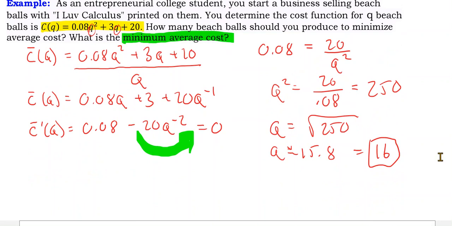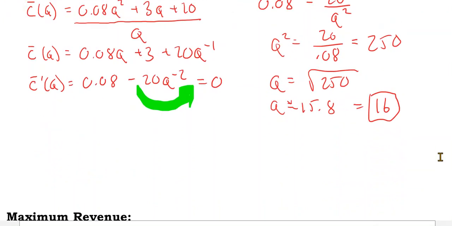Now, the last thing that we need to do is to determine if this truly is a minimum and not a maximum. We're looking for the minimum average cost. Remember that when we take a function, find its derivative and set it equal to 0, we are finding critical values. The critical values, or extrema, are either relative maxes or relative mins.